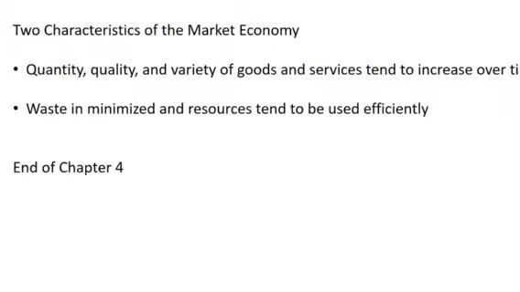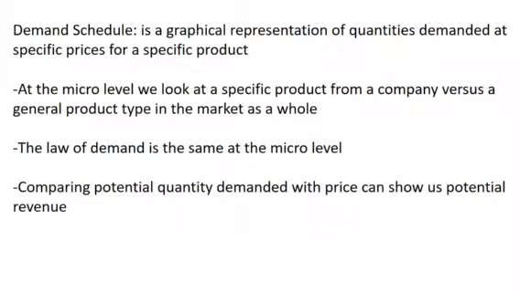So chapter 4 is the longer of the next two chapters, so we're going to go right into the others and see if we can get those done as well. A demand schedule is a graphical representation of quantities demanded at specific prices for a specific product. At the micro level, we look at a specific product, while at the macro level before, you were looking at a larger area.